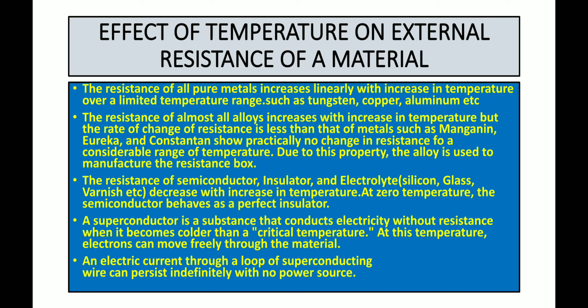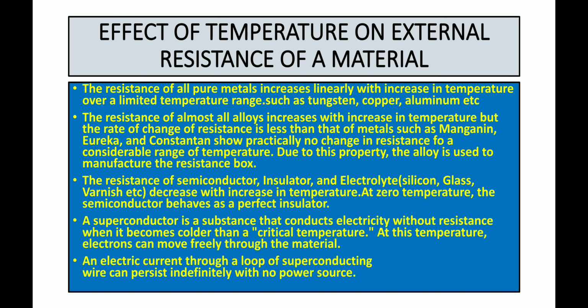But if you decrease the temperature of mercury, its resistance will definitely decrease, but at a temperature nearly equal to 4 Kelvin, which is almost minus 269 degrees Celsius, the electrical resistance of mercury metal disappears completely.